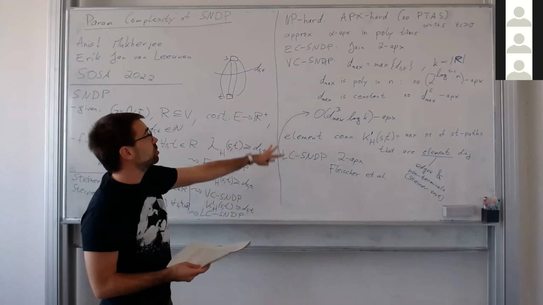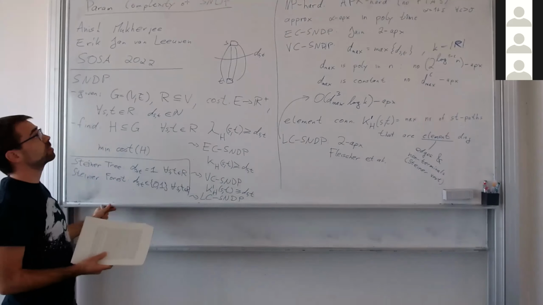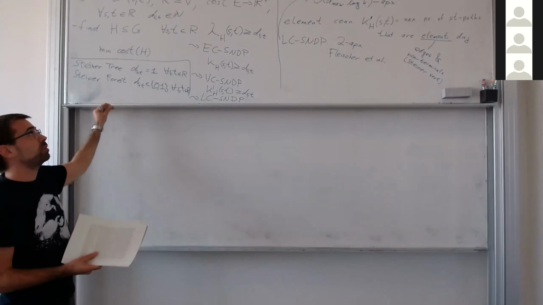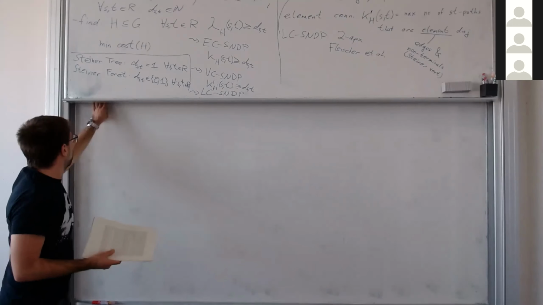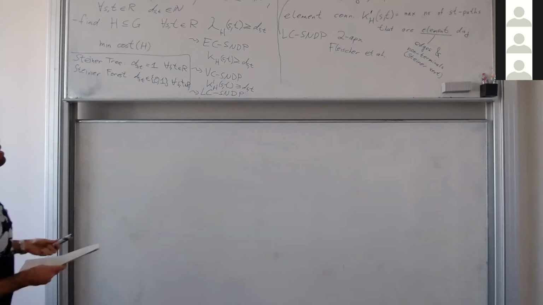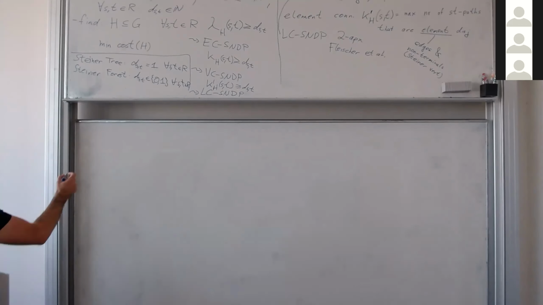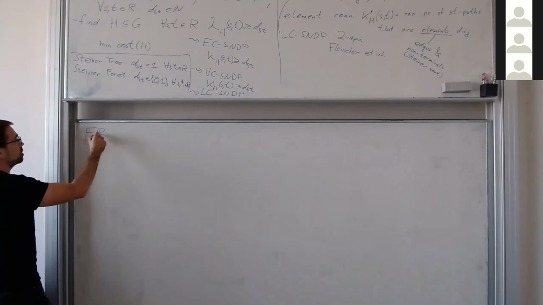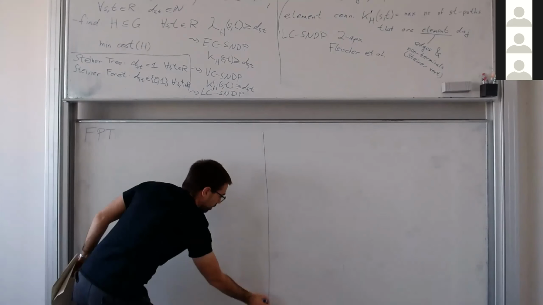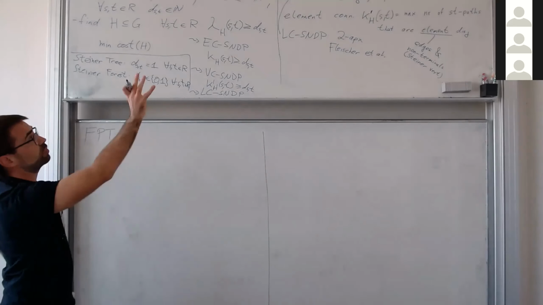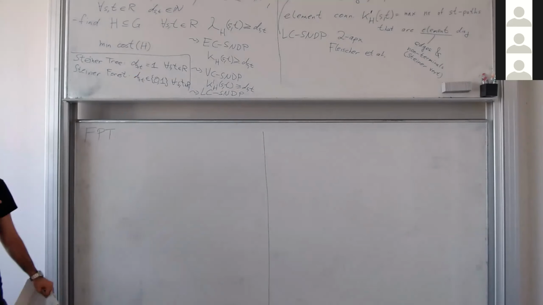Okay, so this is in terms of approximations. Now let's talk about parameterizations. Right, so now we're interested in FPT algorithms. I'm sure you all know what it means, but still, instead of sacrificing on the solution quality, we sacrifice on the running time.